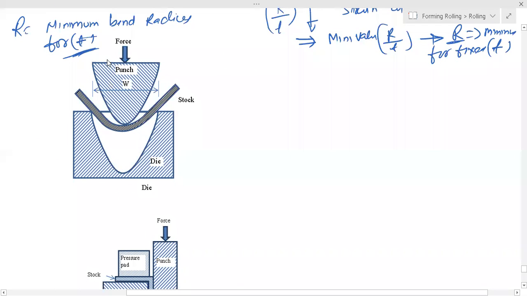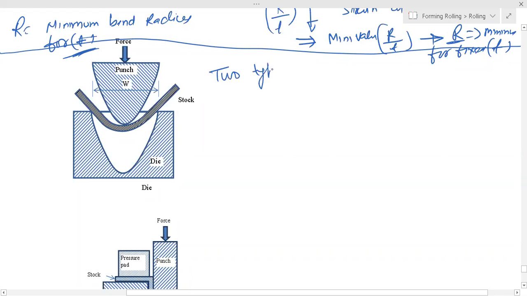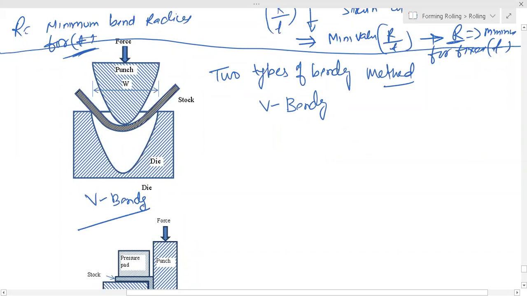So there are two types of basically bending methods. Two types of bending method. One is called V bending. So basically, this is your V bending. Shape is V, right?